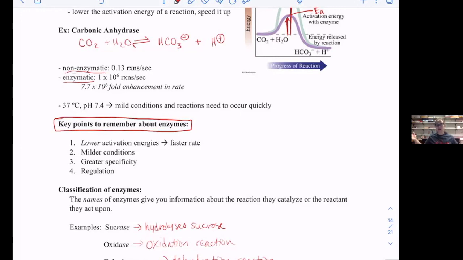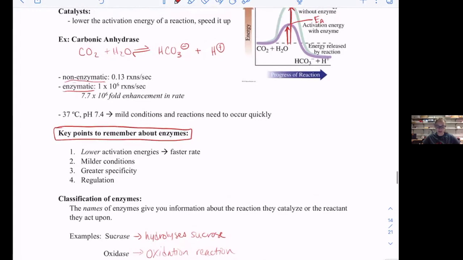If we look back at carbonic anhydrase, if there's a lot of carbon dioxide around, carbonic anhydrase can deal with that by making more of this HCO3-. But if there's not a lot around, it can slow down. So it can change its rate dependent on the concentration of different things. So it helps regulate different molecules in our body.